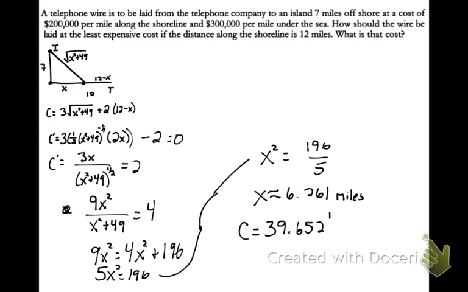So this is how many hundreds of thousands of dollars. So if we convert it to normal ways we talk about money, this is going to be $3,965,200. Right? It's the approximate cost of this project.